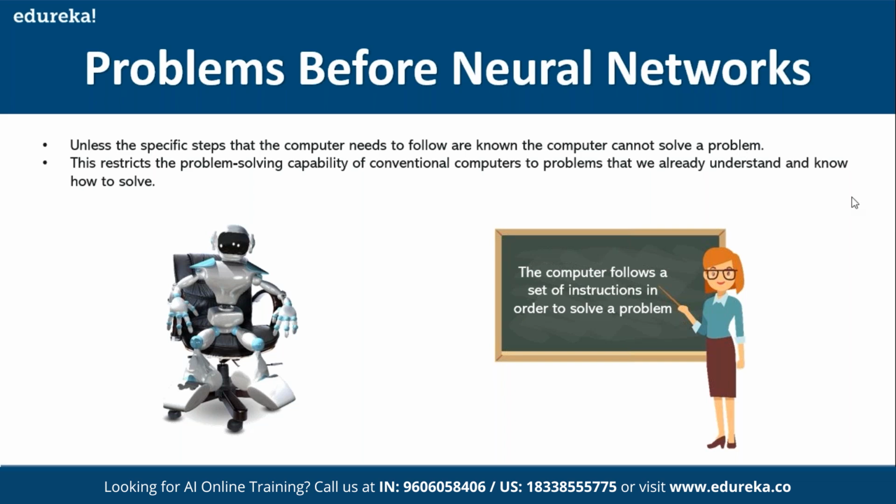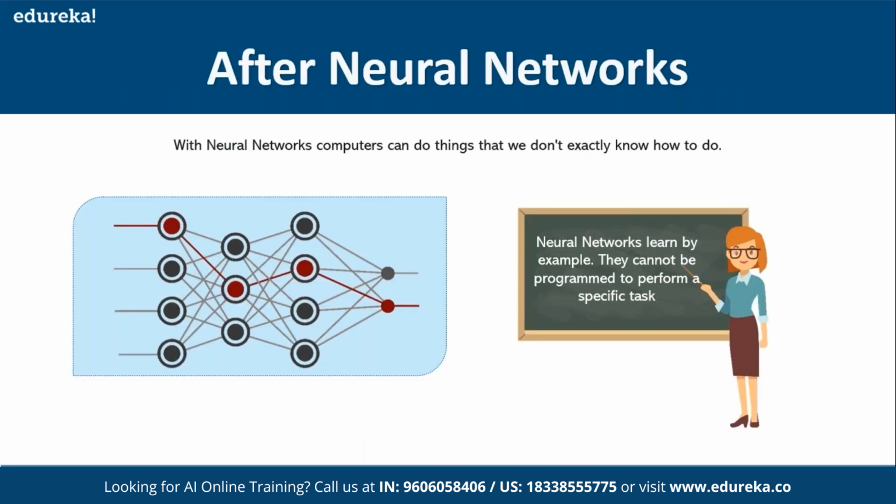The neural network helps us solve the restrictiveness in problem solving capabilities. The way a neural network works is you have an input layer, then you have one-to-many connections, and these connections become more and more with multiple layers in between, which are called the hidden layers.